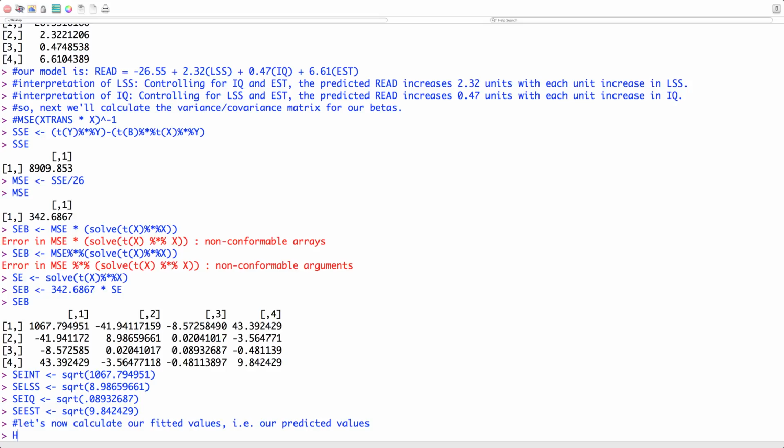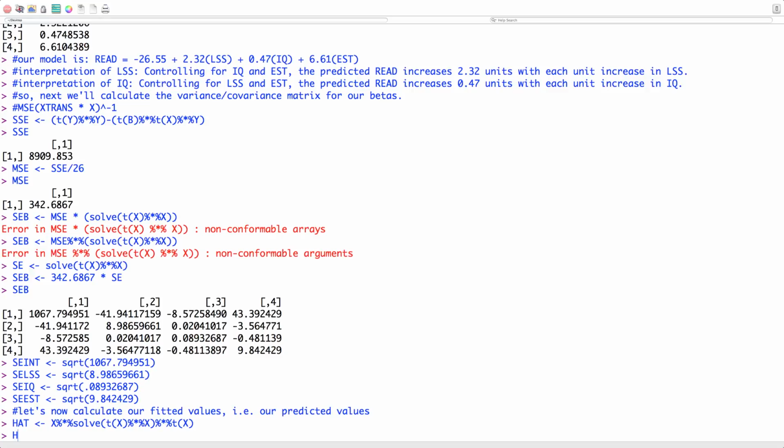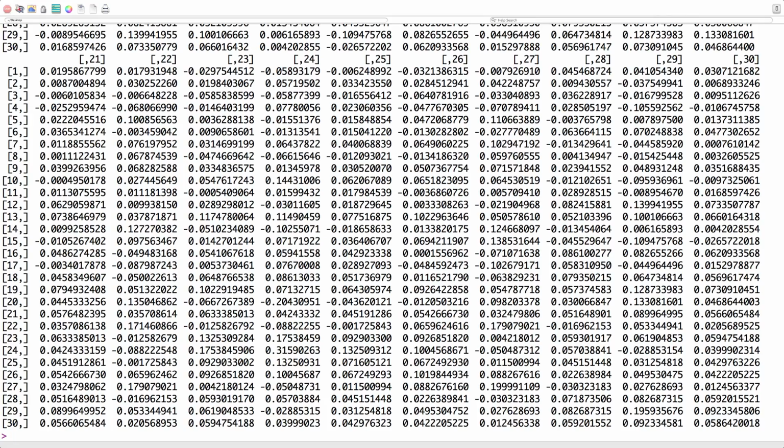Okay, our hat matrix, which I'm going to be real creative and call hat, is our x times the inverse of transpose x times x times our transpose x. Guys, our hat matrix is going to be a big old 30 by 30 matrix. Fun, fun, fun. Hopefully I don't require you to write anything like that out.